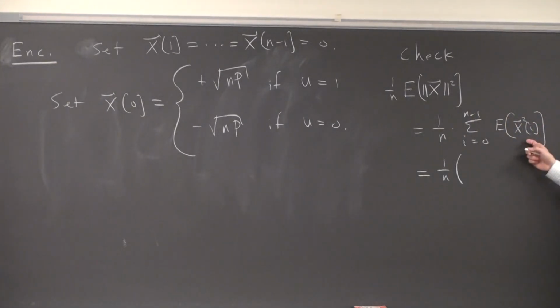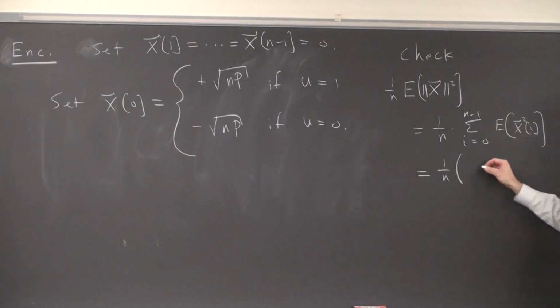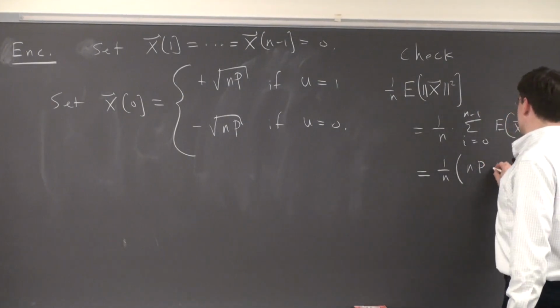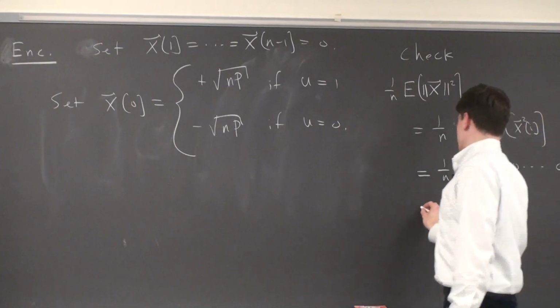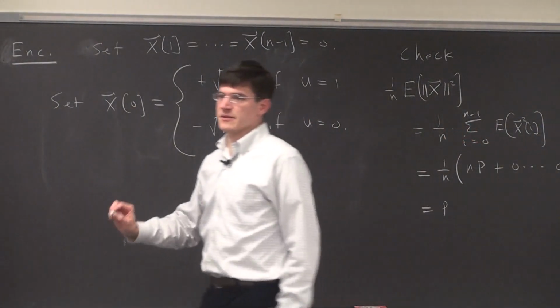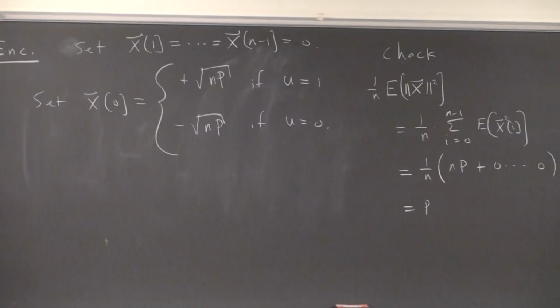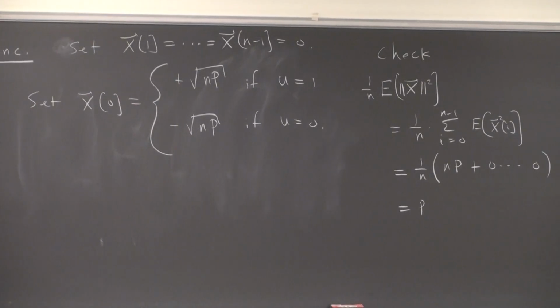The length squared is the sum of the components squared. So x0 squared is going to be np. All the other terms are 0, so we just get p. So it's using exactly the power that we've allocated to the whole transmission, but concentrating all that power just in that first time slot.